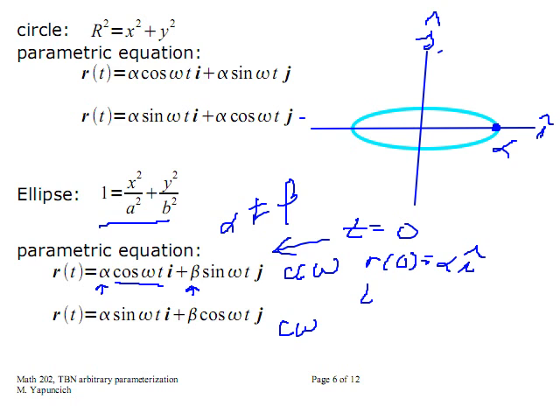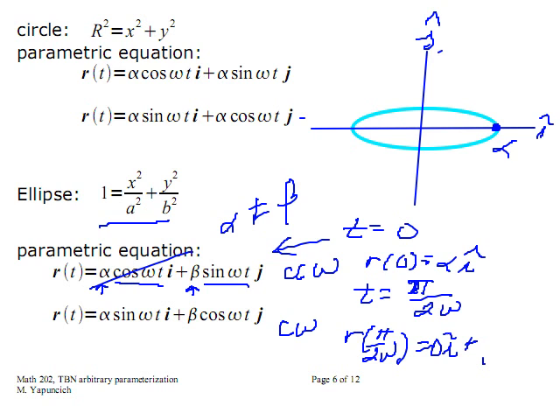Now if I move over to where I have t equal to pi over 2 omega, then when I substitute that into the equation, the first term is 0, but sine will be 1, and so r at this value, pi over 2 omega, is going to be 0 in the i direction plus beta in the j direction. So that's where I come up here. And you can continue. So you see how the curves are plotted. But try to recognize this as the equation for a circle and this as an equation for an ellipse.